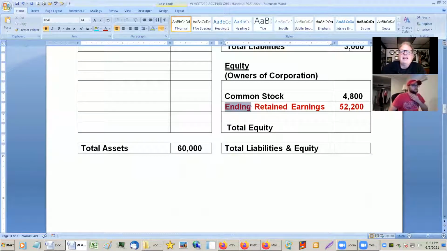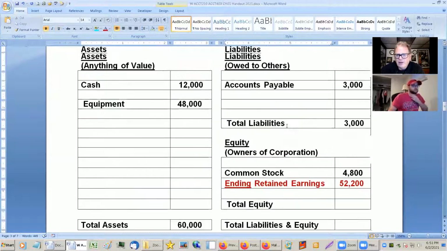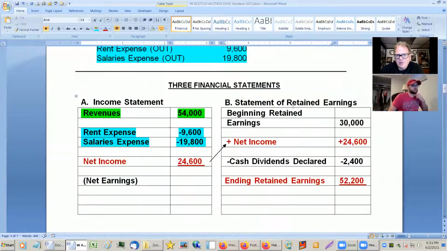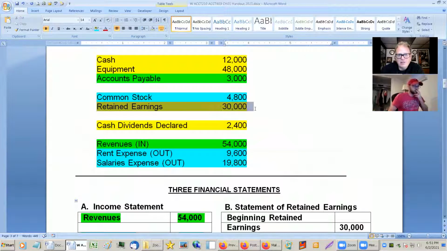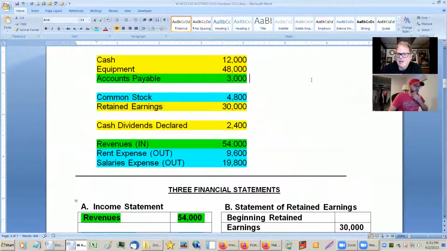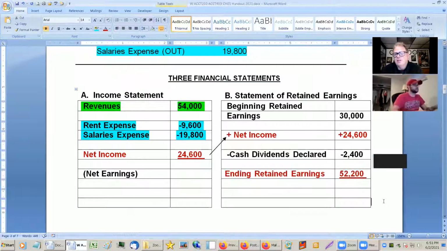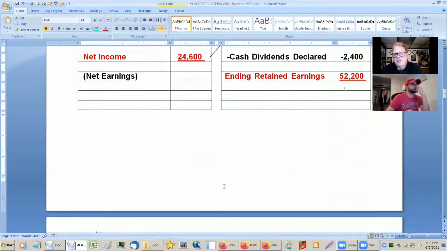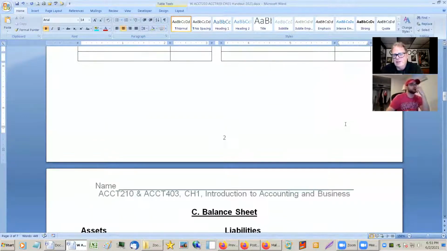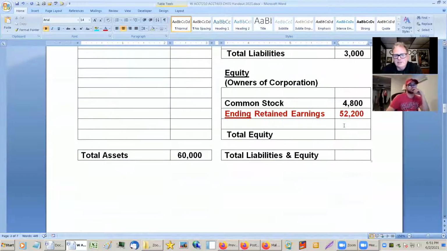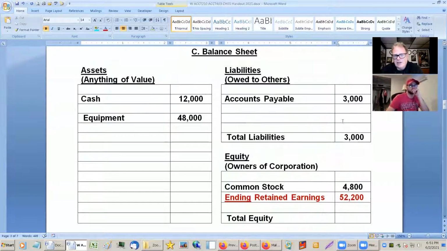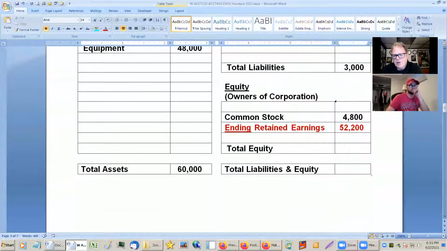It's always the ending retained earnings. It's very tempting to look up here and say, oh, retained earnings is 30,000. It's actually not. It is the ending retained earnings. I don't think it'll let me do an arrow from one page to the next. But that is what this is. This is the ending retained earnings.